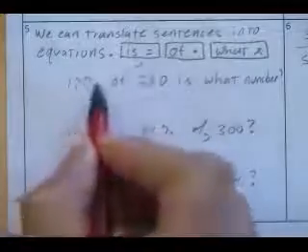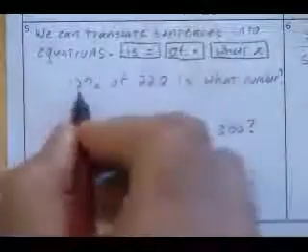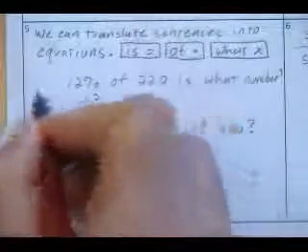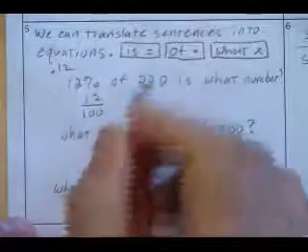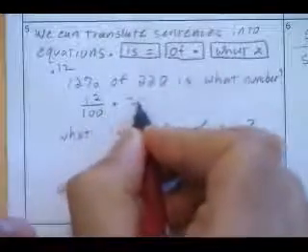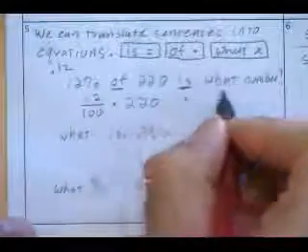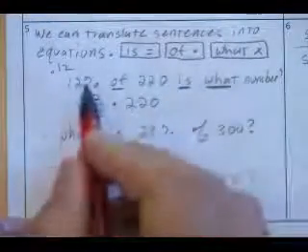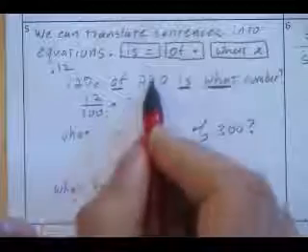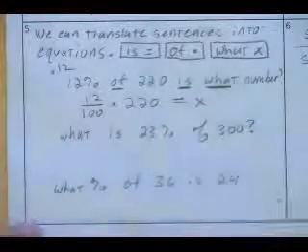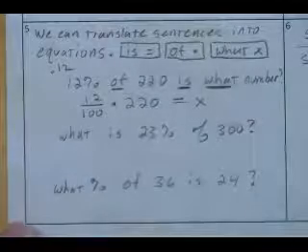Remember what percent means: per 100, or divided by 100. So 12 hundredths of 220 is what? 12% times 220 equals x. Multiply it out, and you can find what x is.